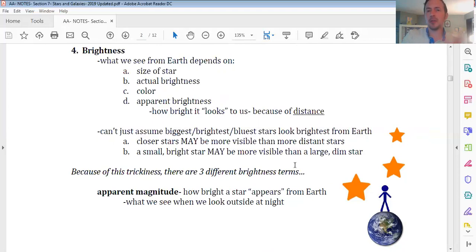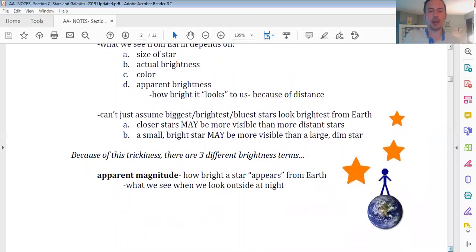So because of all this trickiness, astronomers have 3 different terms for brightness. The most common one that you're already familiar with is apparent brightness or apparent magnitude. The root word is appear. This is how bright the stars appear to us because they're at very different distances from us.